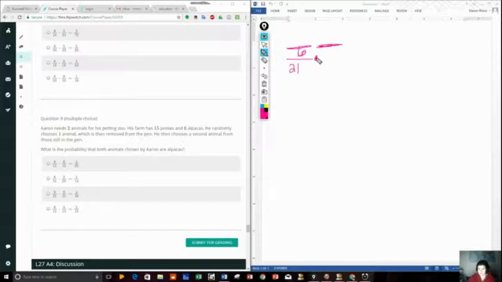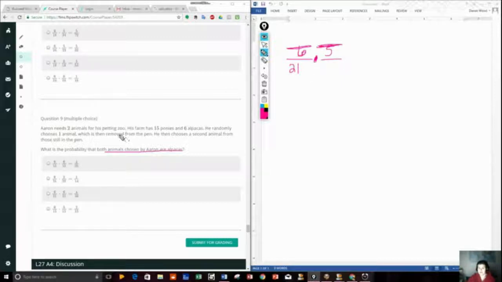Since that's removed, and he wants to know what the probability is that both animals chosen by Aaron are alpacas. So then in the second selection, if the first one that you chose was an alpaca, that means you only have 5 alpacas left to choose from.